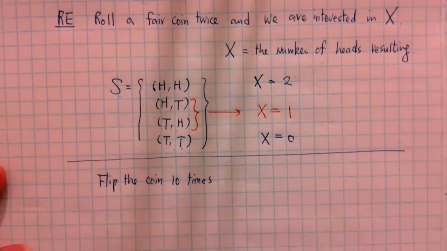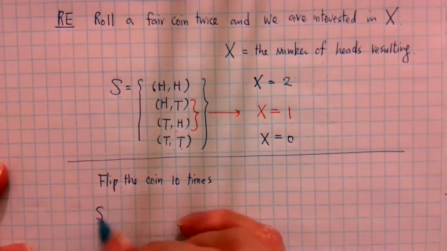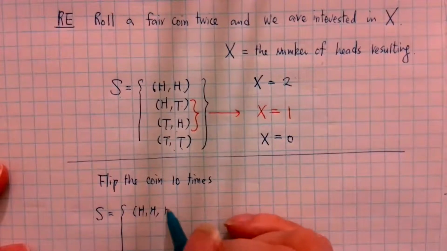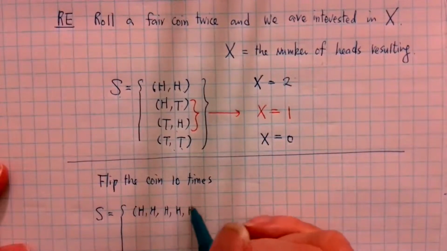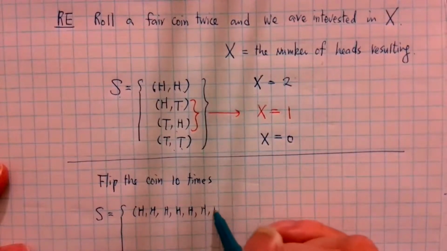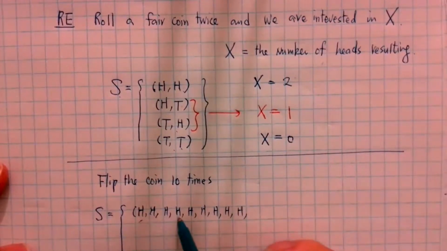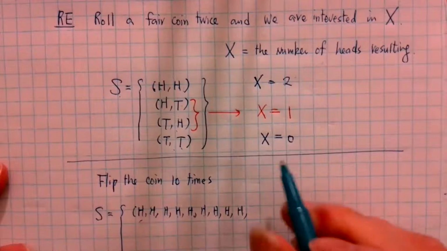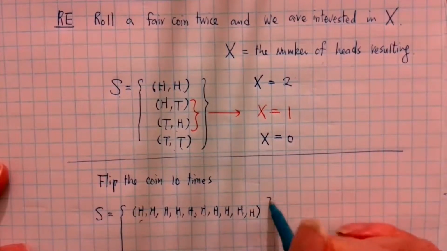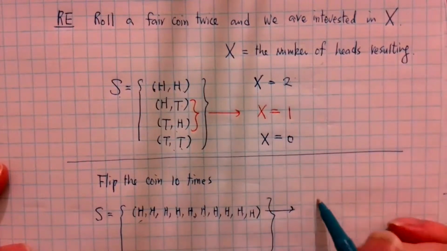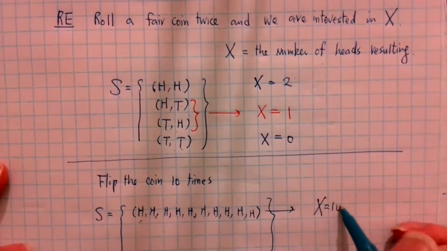The first outcome in the sample space will be head, head, head, head, head, head. But if you use a random variable, all you need to do is say X equal to 10.